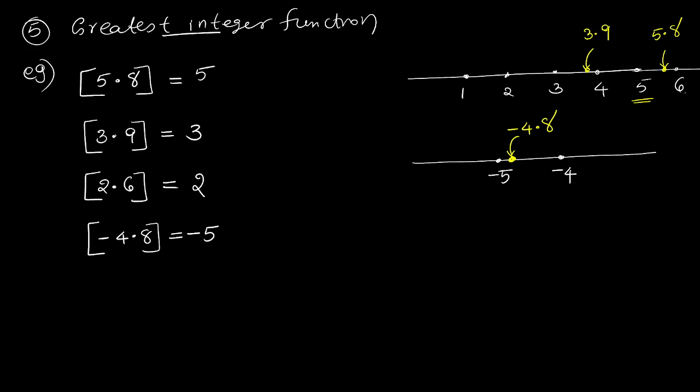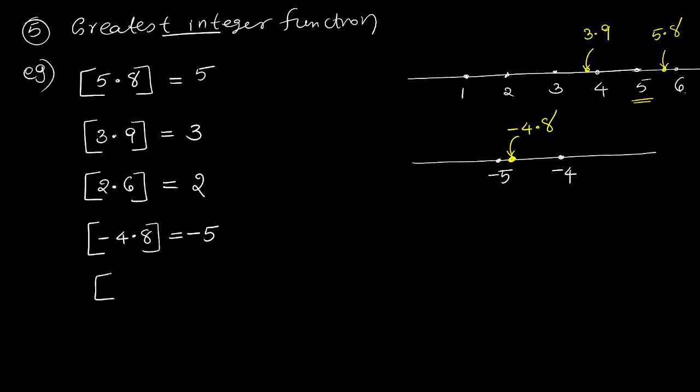Okay, it is minus 5. So this is the way. For a fraction, how will you find the greatest integer value? Just think about the number line. Consider the integer immediately to the left of the fraction; that will be the greatest integer value.